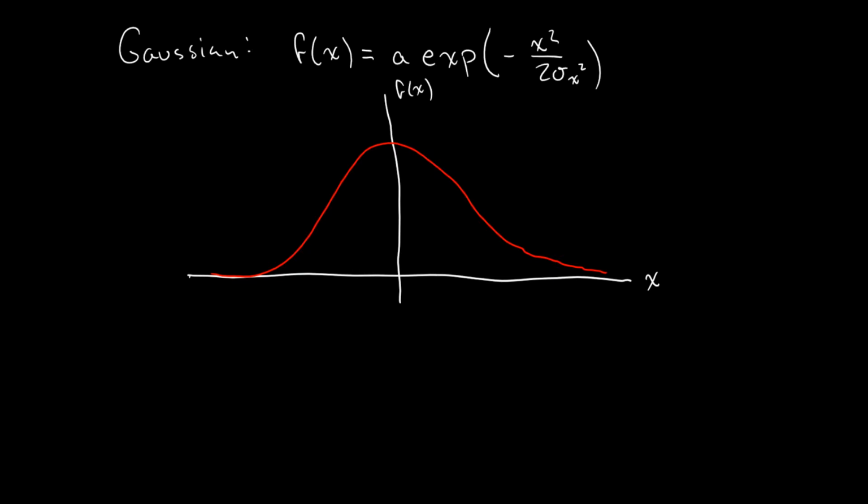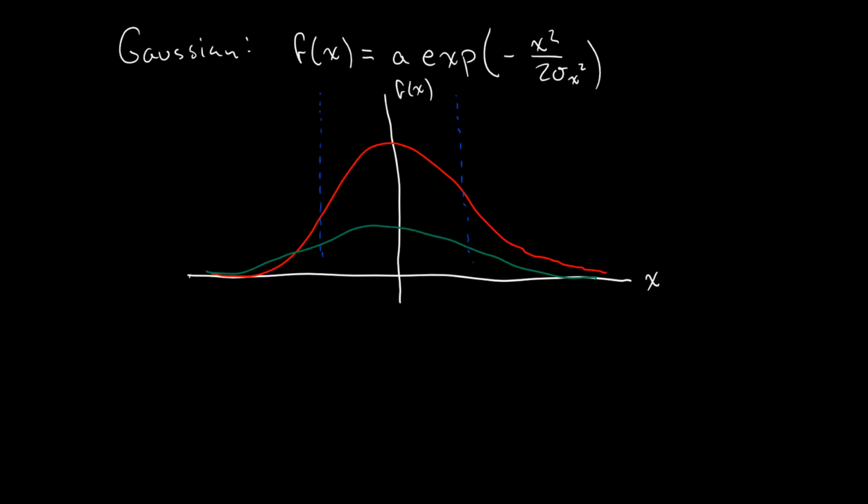So it's this bell curve, and the sigma x is some characteristic width. It essentially tells us how wide this Gaussian function is. So if I make sigma x bigger, then this thing is going to flatten out more and get wider. So it might end up looking something more like that.